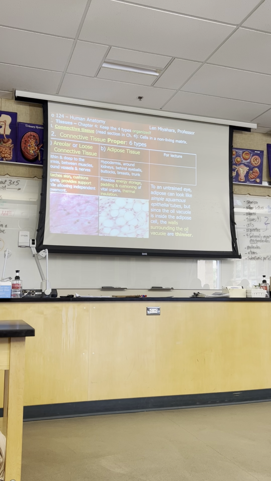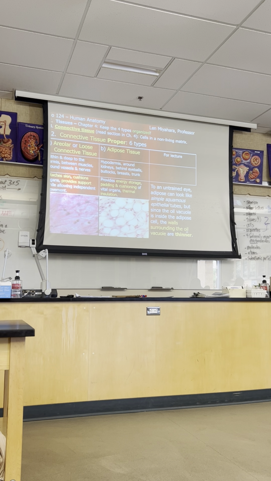This is what you're going to school for, so that you can learn the difference between things that look very similar, so that you can have trained eyes. Right now it's untrained. And here, simple squamous, the wall is actually thicker. That purple line, and not this purple line.